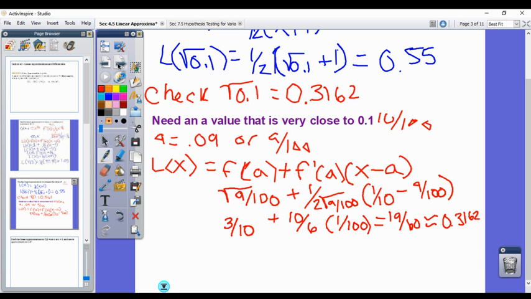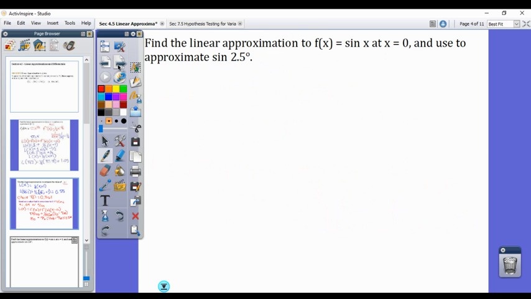Okay, so let's do another kind of different example. In this case, we want to do the linear approximation of f of x equals sine x when x is 0. And then we're going to use that to find the sine of 2.5 degrees.